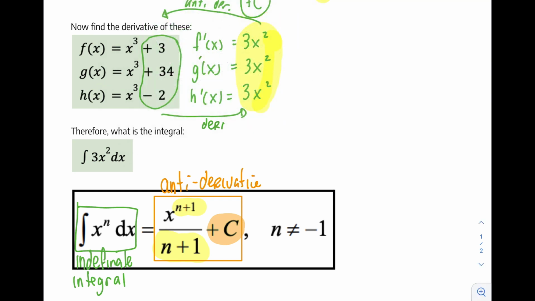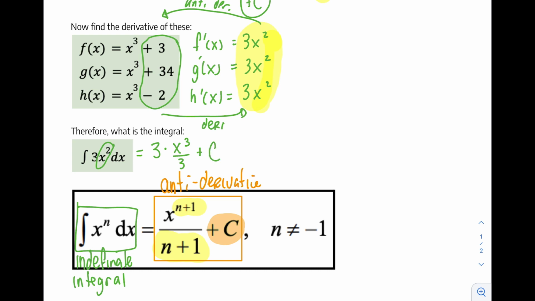So now that we know this, we can find what this integral is. Well, the integral of this is going to be, we keep the 3 there as we do for differentiation, and then the integral of x to the power of 2 becomes x to the power of 3 divided by 3, right? And of course, every time that we do the integration or find the antiderivative, we have to add c.